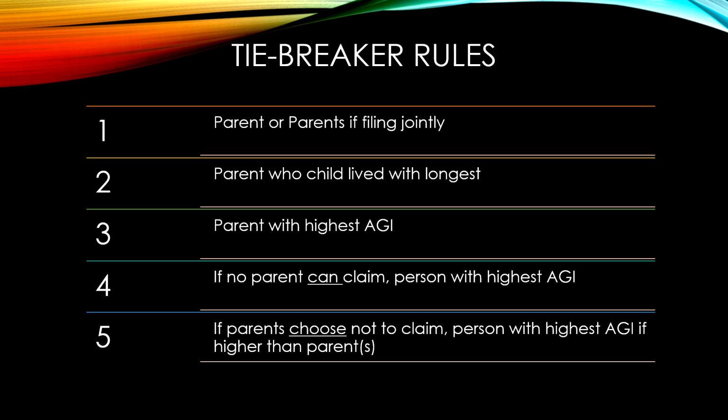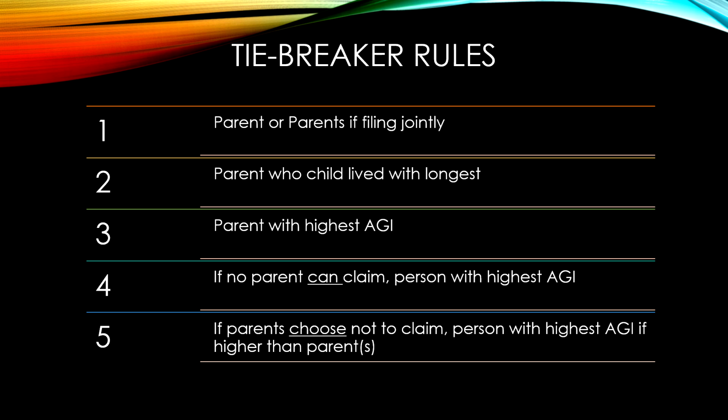We compare, and the one that had the most will get the dependency. If for whatever reason it was just 50-50, then the dependency would go to the parent with the highest adjusted gross income.